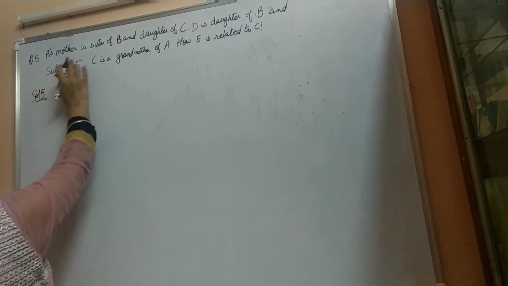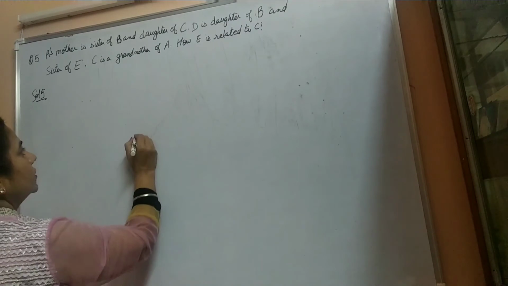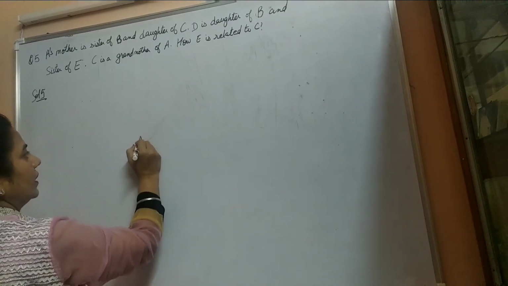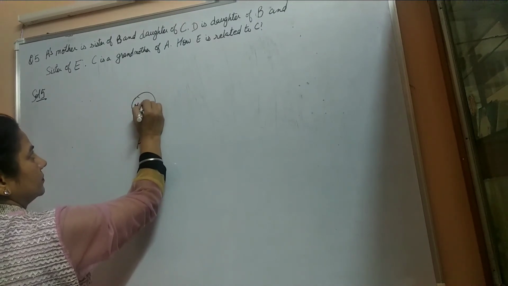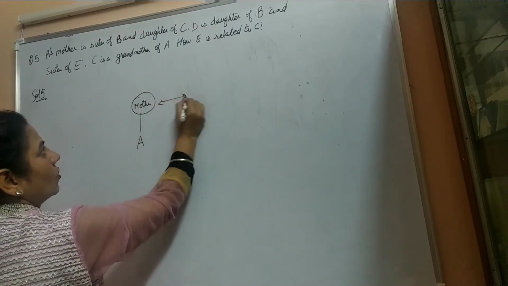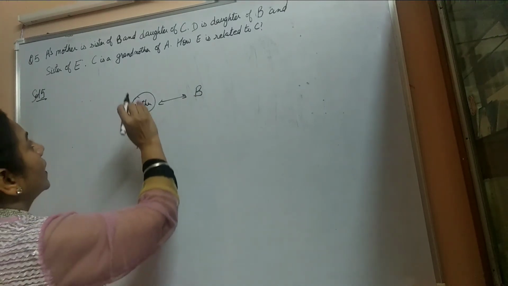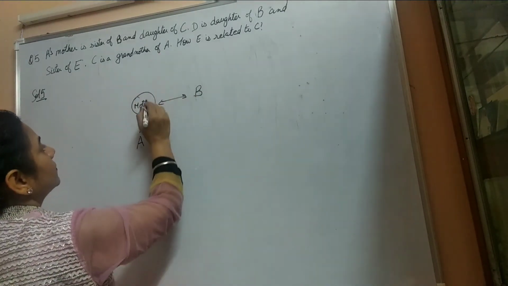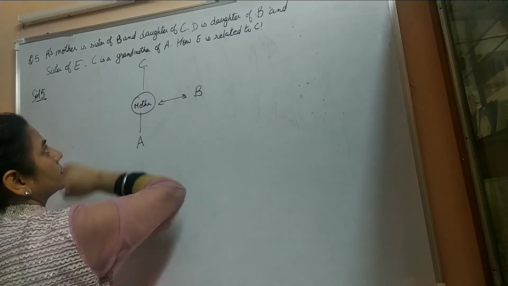A's mother is sister of B. So if A is here, her mother is sister of B. We don't know the gender of B. And A's mother is daughter of C. C is here.